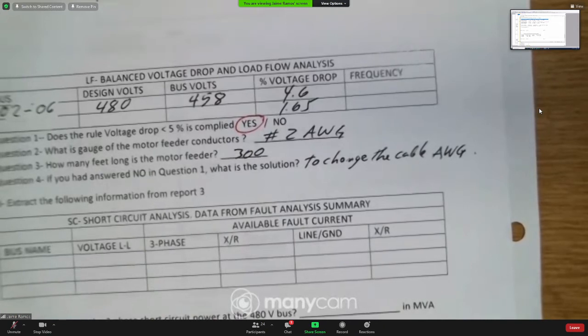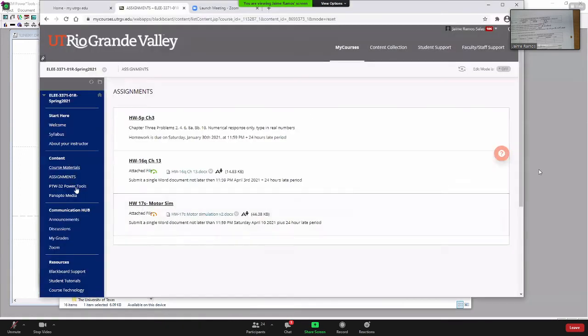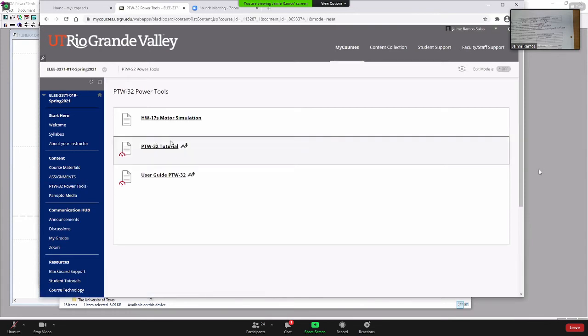Okay, so look, let me say the following. If you want to invest time on learning more about this software, remember that in here, PTW Power Tools, we have a tutorial and a guide.